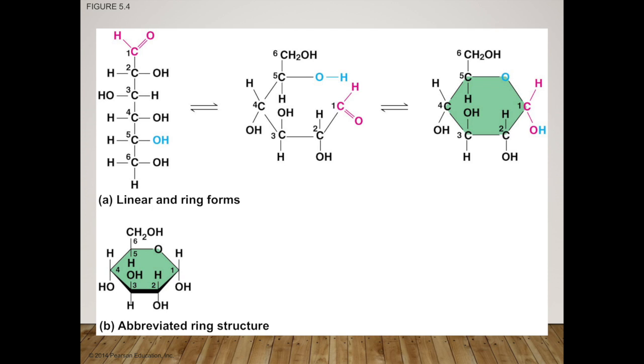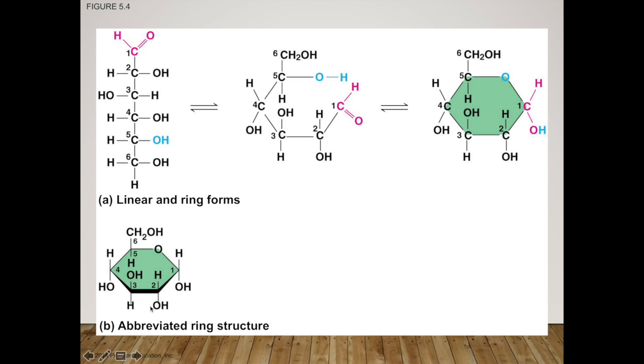So here's that ring form I was talking about. Here is glucose, C6H12O6. Count if you like. But in an aqueous solution, this first carbon is going to attach to that oxygen that's on the 5th carbon, and it makes this ring that kind of looks like a hexagon.